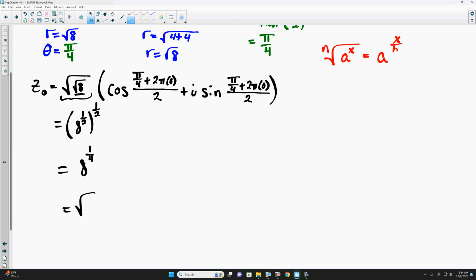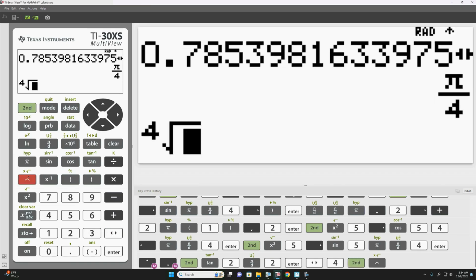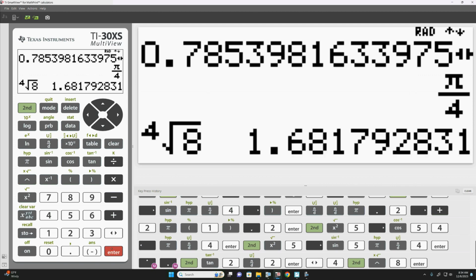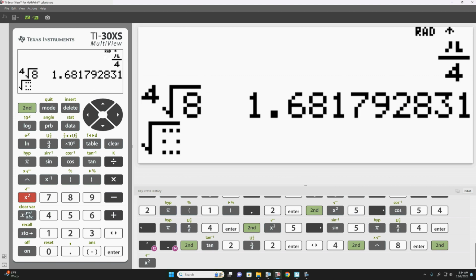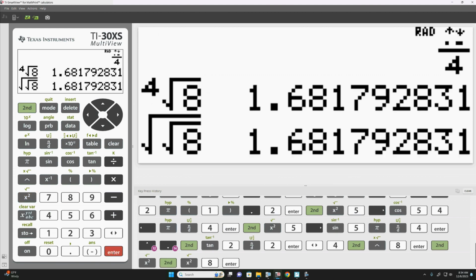which is the 4th root of 8. Now we could check that if we want, because I can grab the calculator, say 4, our nth root, 8 is this number here. Now what we were trying to see is if this is the same as the square root of the square root of 8.